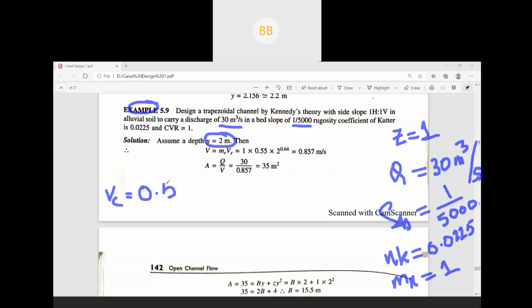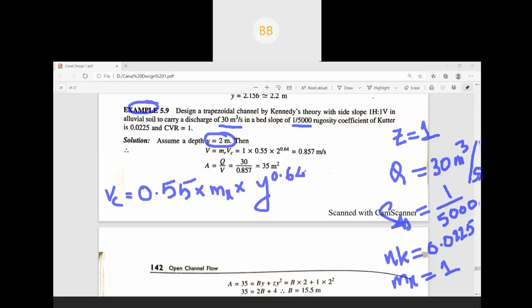0.55 multiplied by m, this is nothing but your critical velocity ratio, multiplied by y to the power 0.64.